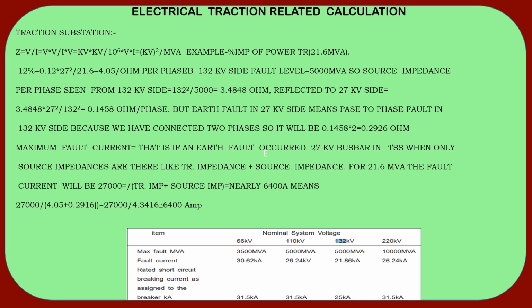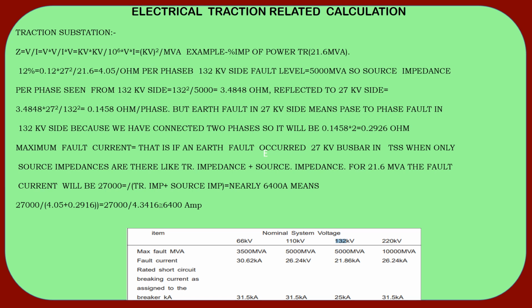The voltage is 27 kV divided by transformer impedance plus source impedance. As per the RDSS guideline, it comes around 6400 ampere. How do we find it? 27 kV divided by the two impedances, transformer impedance plus source impedance.